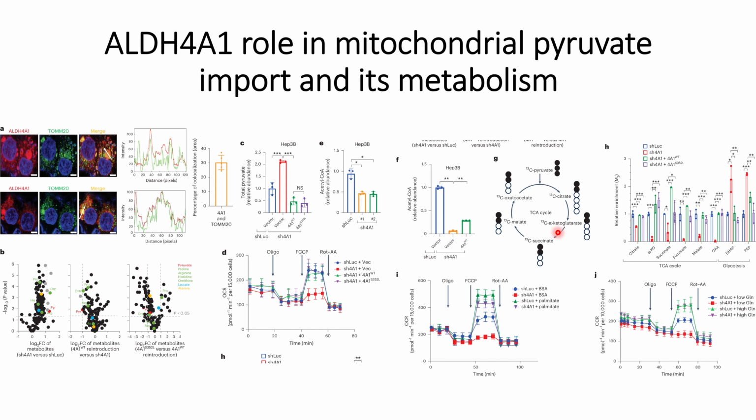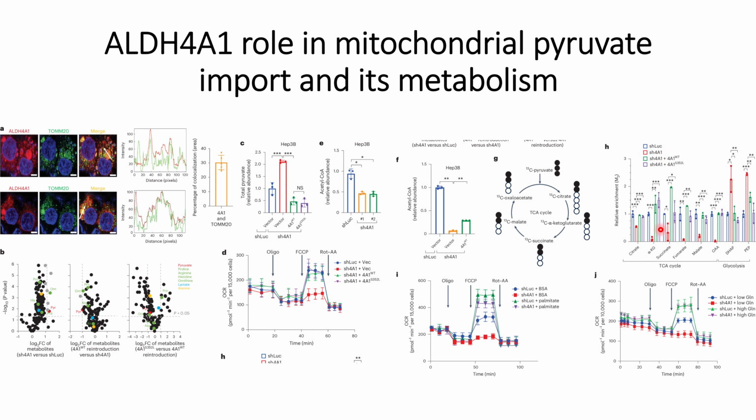Now we will go to panel G. Panel G indicates the regular TCA cycle. What are the things included in the TCA cycle? In this case, they use 13C pyruvate to check whether the other components also get affected when ALDH4A1 is knocked down, to confirm the results seen in panel D. They check these parameters in different conditions: when ALDH4A1 is knocked down and when it is reintroduced in wild type or mutated form.